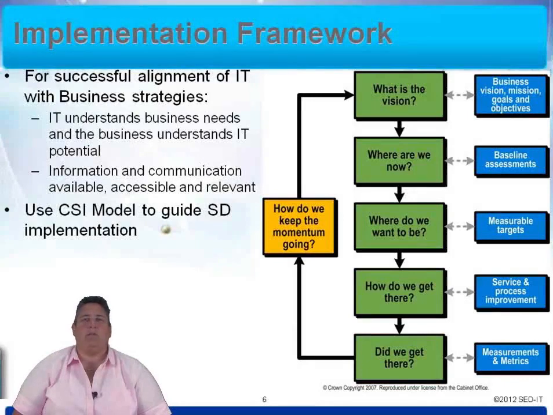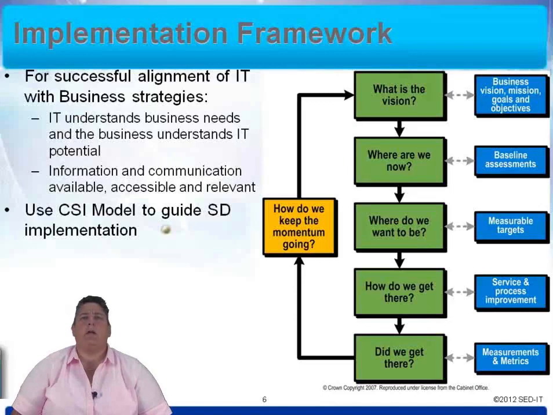I have found it to be a very easy framework to apply, and it provides a very complete overview and picture of whatever I'm doing as a consultant, either process definition, service design, etc. Spend some time on this diagram. As you go through the various questions, look at the activities that are associated.